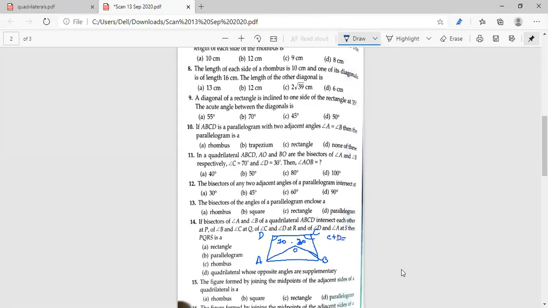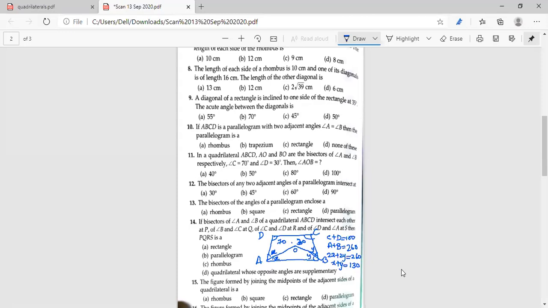Ma'am, we know that the sum of all the angles in a quadrilateral is 360 degrees, so the sum of angle A and angle B will be 260 degrees. And AO and BO are angle bisectors of angle A and angle B respectively. We will consider this angle x and this y. So 2x plus 2y is equal to 260. So x plus y is equal to 130.